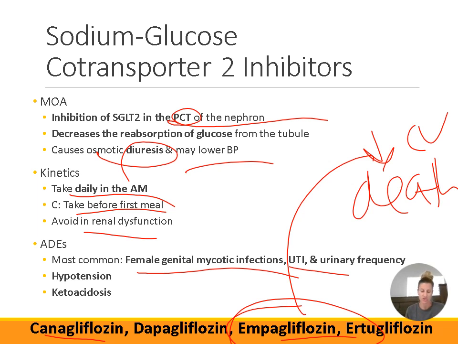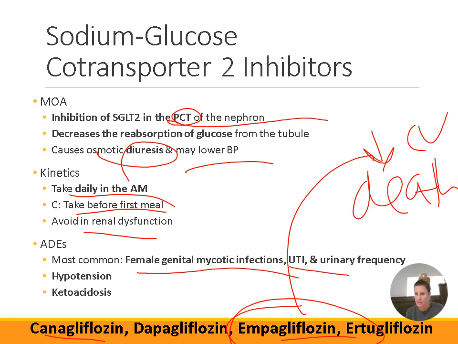And that extra sugar that's in the urine feeds bacteria that might be present there to kind of fuel a urinary tract infection. And same thing with yeast in the female reproductive tract. All that excess sugar that's leaving the body there in the urine fuels that yeast infection.